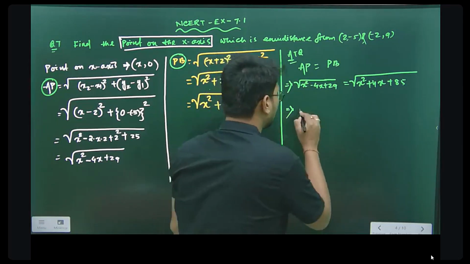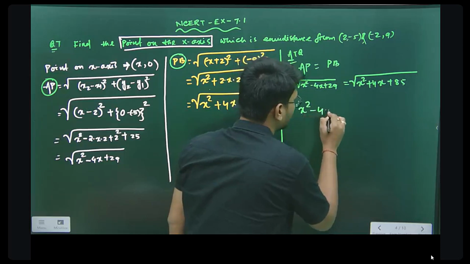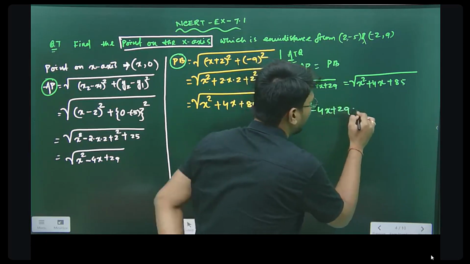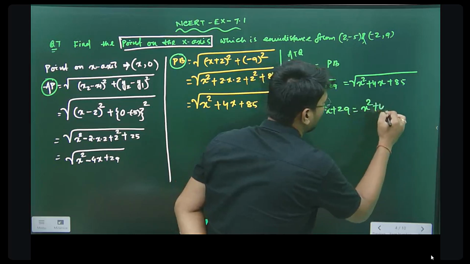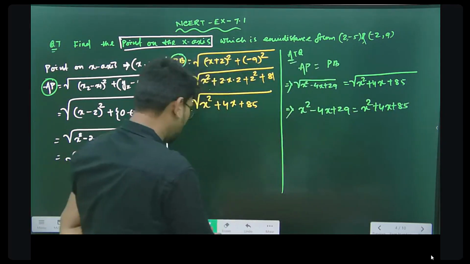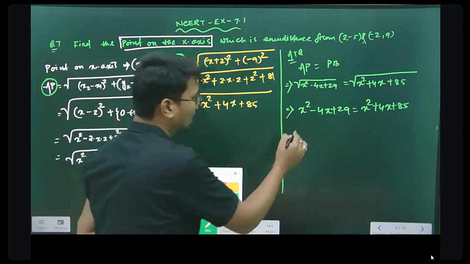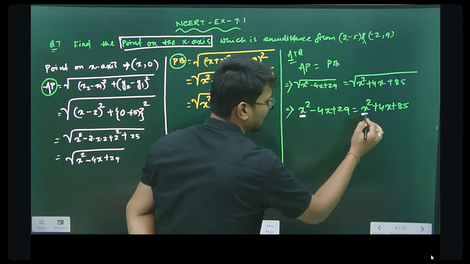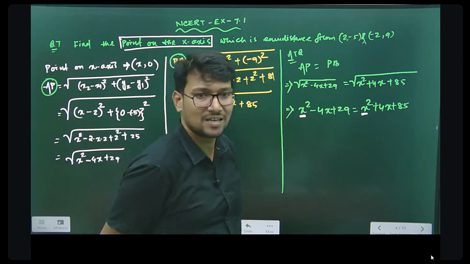What we will get? x square minus 4x plus 29 equals x square plus 4x plus 85. The square and square root are now removed. Both sides x square is the same value, so it will be cancelled.